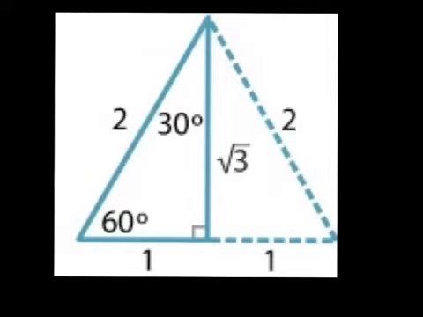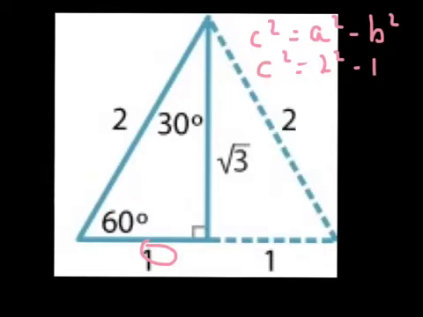So when we're finding a shorter side, you use this version of Pythagoras' theorem. C squared equals the hypotenuse squared, let's call it A squared, minus the other side squared. So in this case, c squared is going to be 2 squared minus the other shorter side's 1 unit, so it's minus 1 squared, and therefore c squared equals 3, therefore c equals the square root of 3.